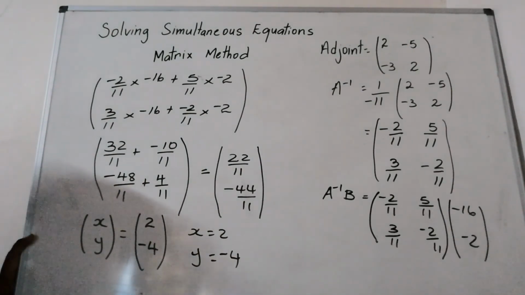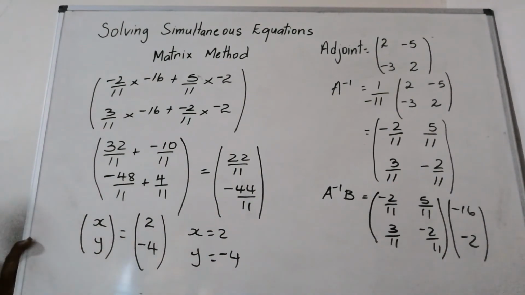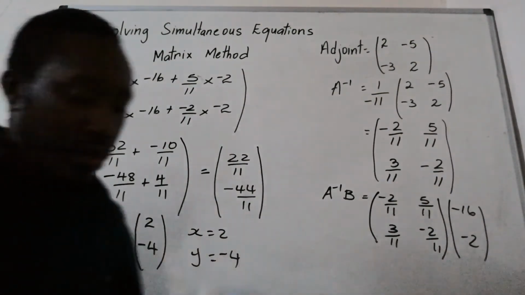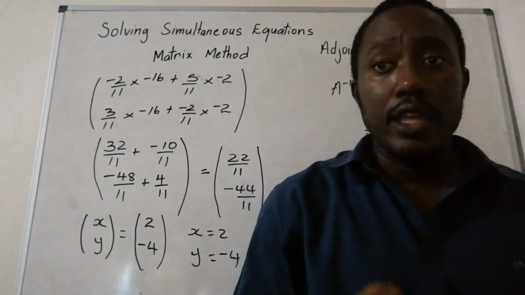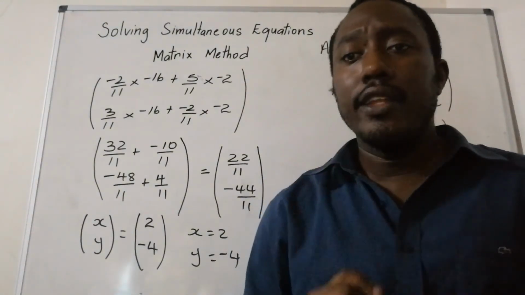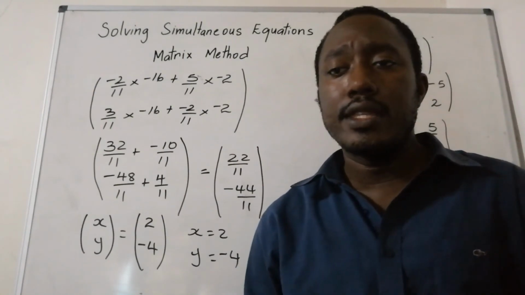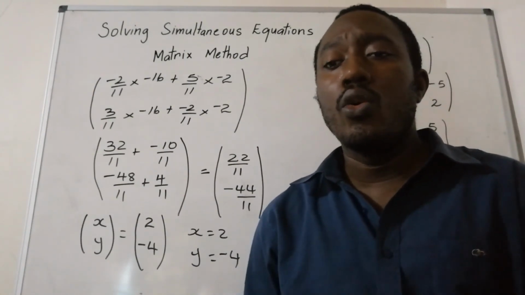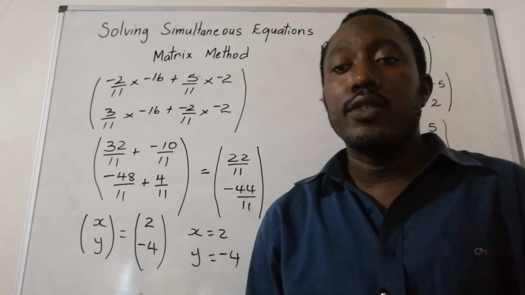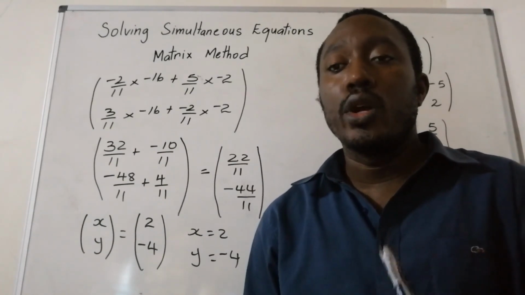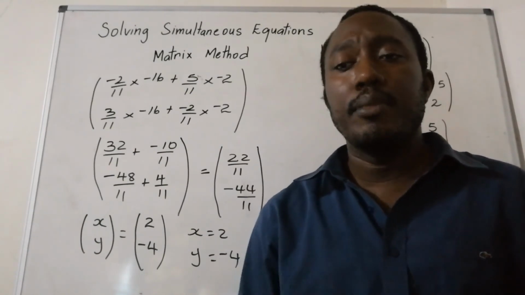So there we have our answer. Now, if you got it right, well done. If you did not get it right, look at this video again, practice, see where you made a mistake, and then you can go and complete some of the worksheets to help you to get better at it.